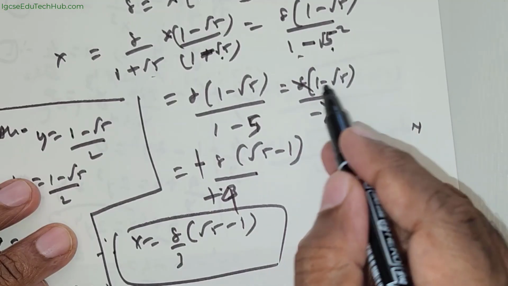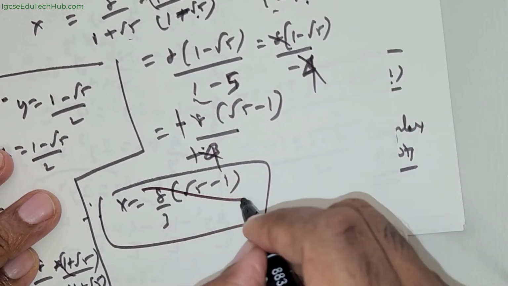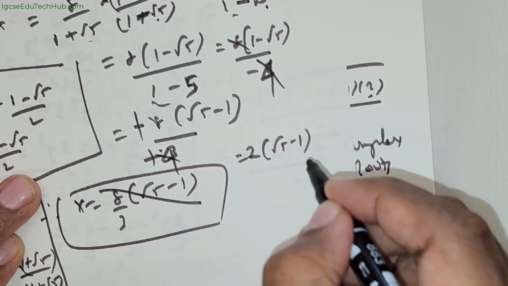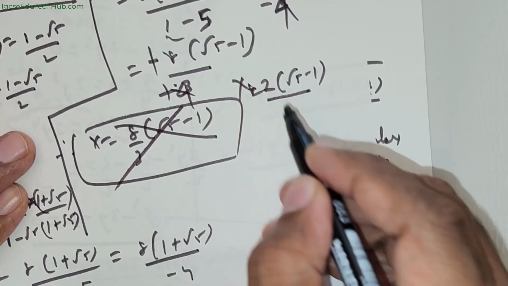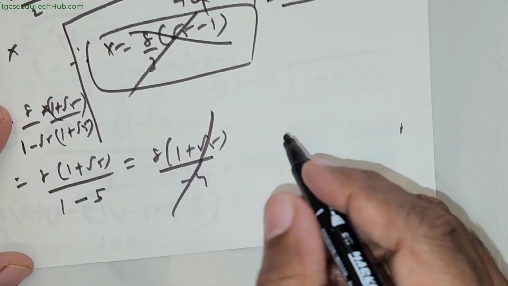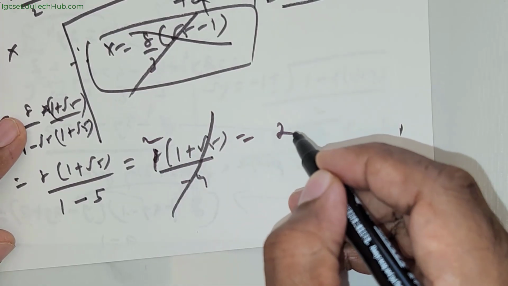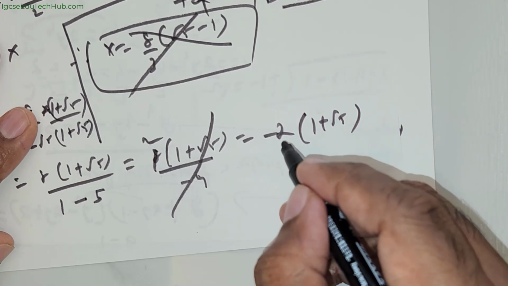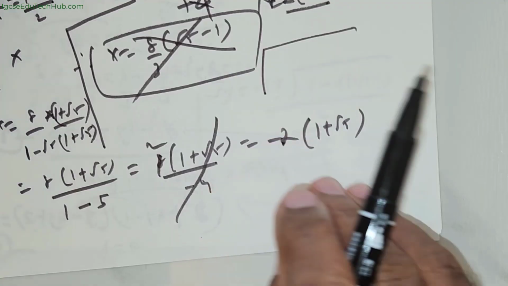Even though I bring the negative sign out, this will be 2, and we will have 2 times (root 5 − 1). So this is going to be my x1 value. So over here 4 divides 8 two times, so it's going to be 2 times negative of (1 + root 5). Okay, so there are 2 values.